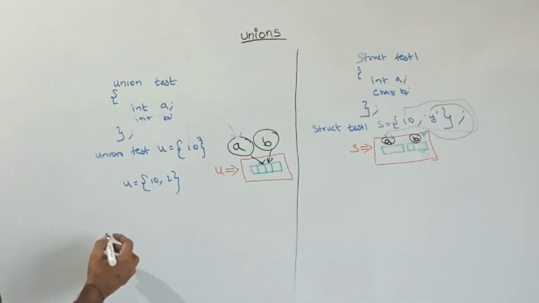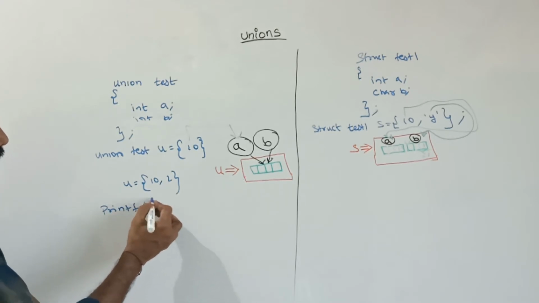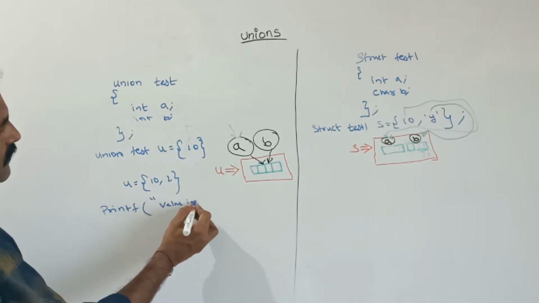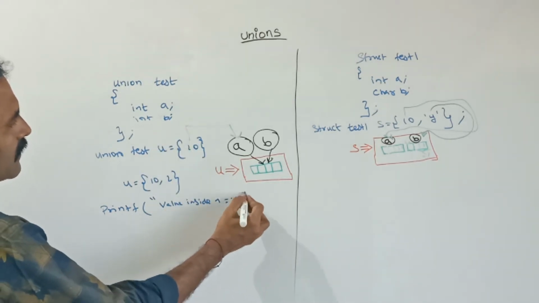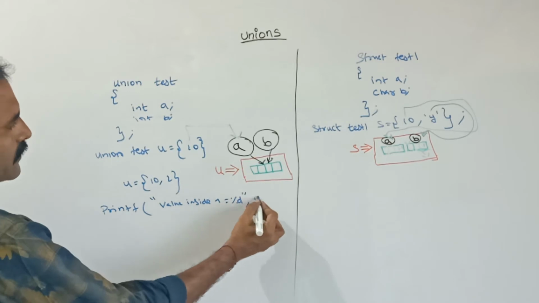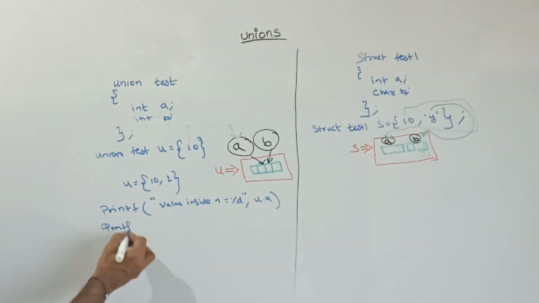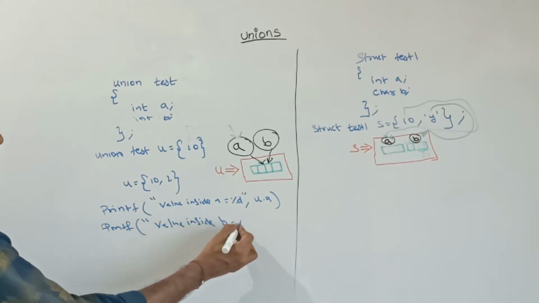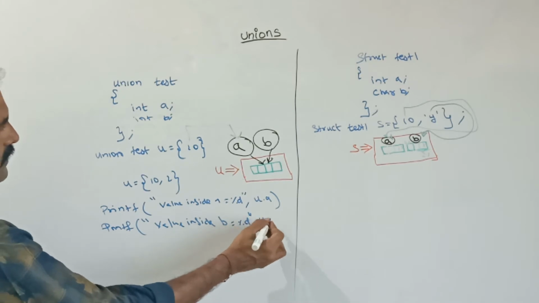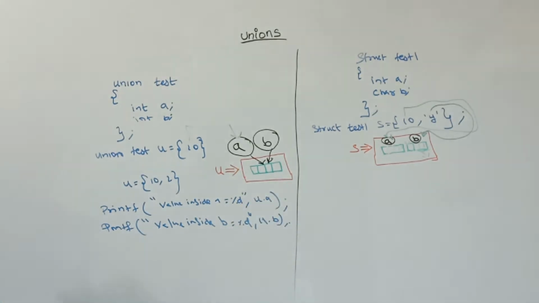Suppose I am telling it to print the value inside a, u.a, next printf value inside b is equal to %d, u.b. See, what will be the output?